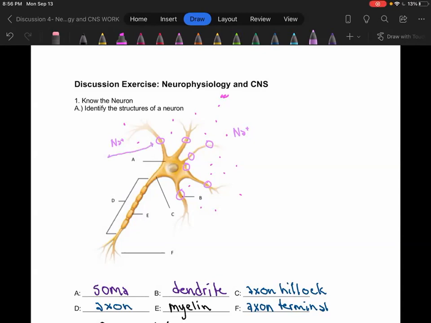Ligand-gated ion channel would be for any ion, but here we're going to call it a ligand-gated sodium channel. And it will open when those neurotransmitters arrive. So it is opened, and now sodium can move into the cell, into the neuron.